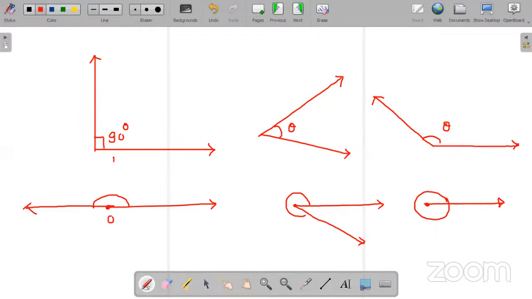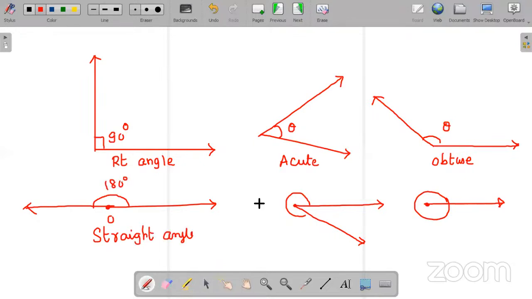See, this is a right angle. This is acute. This is obtuse. Straight angle means 180 degrees.